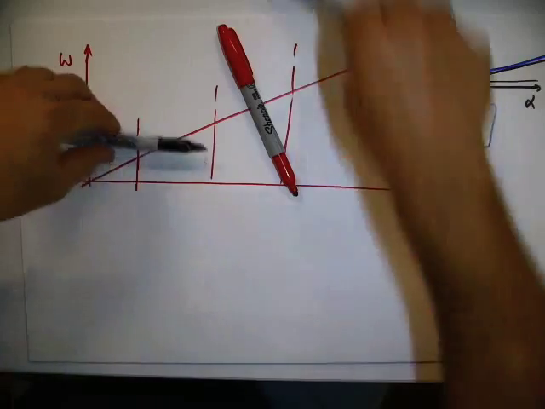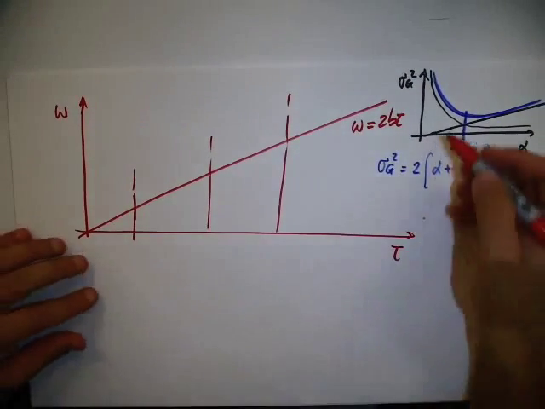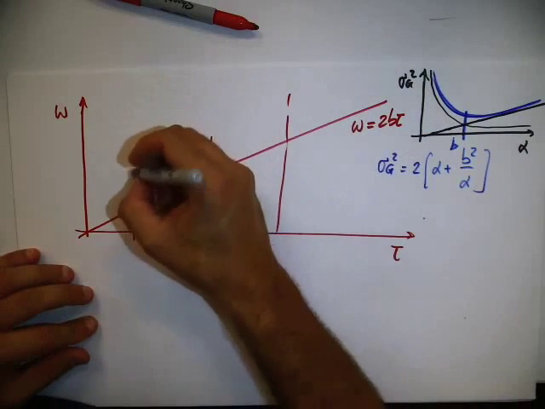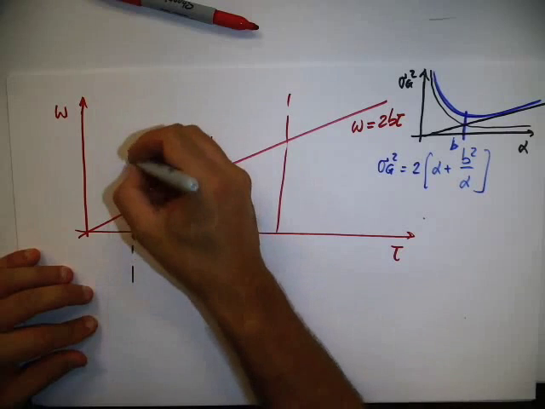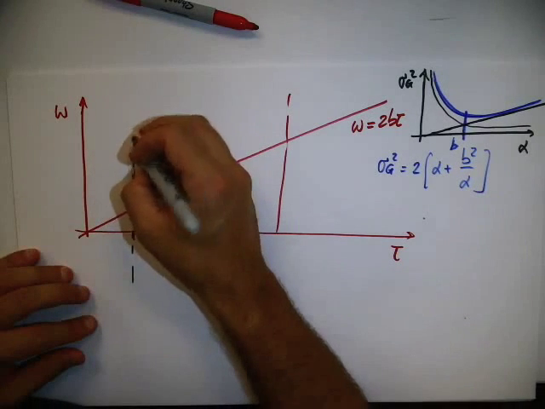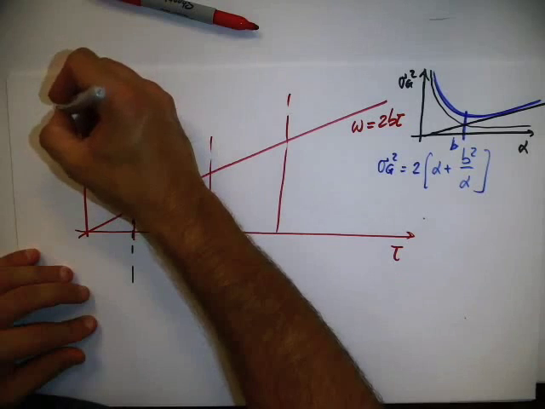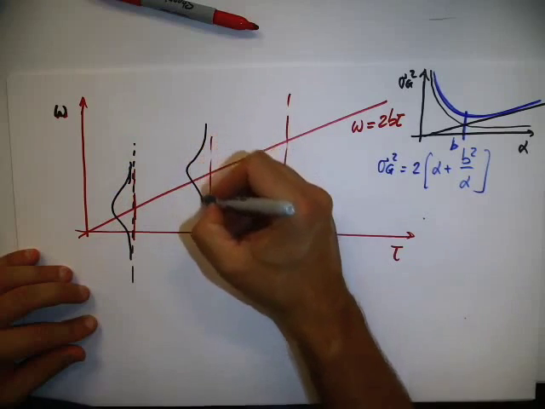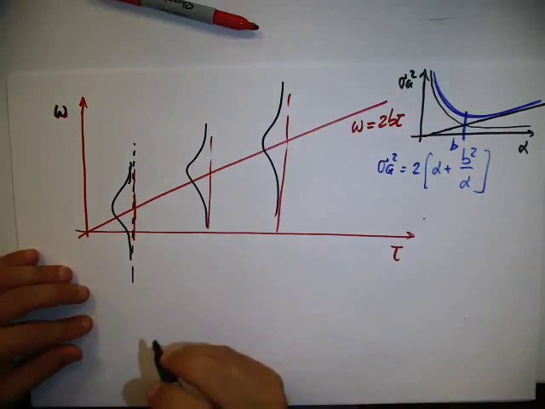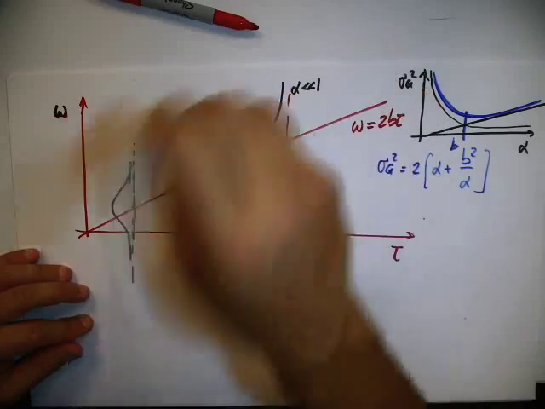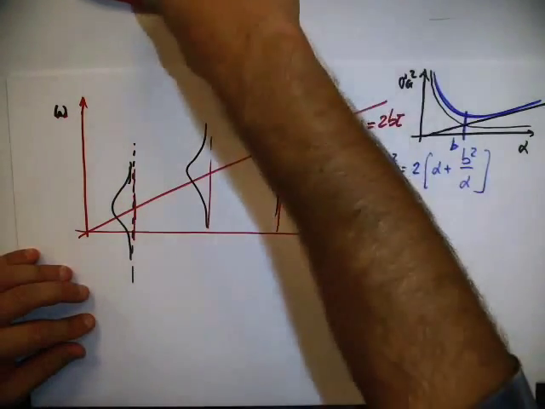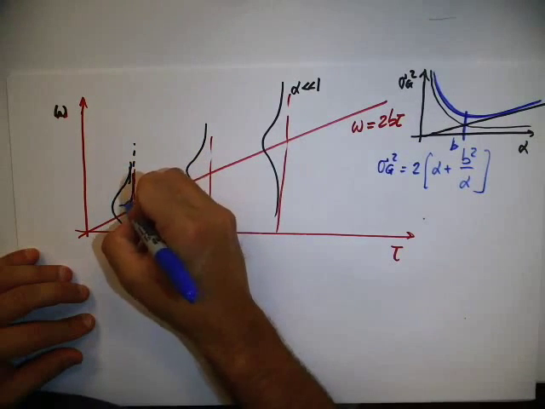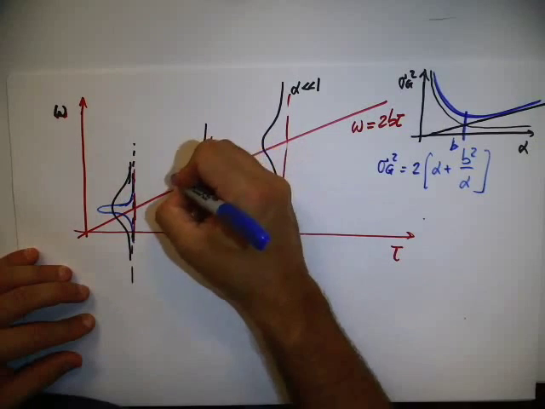At b, when alpha is very small, we have a large spread around the frequencies, around the mean value. Instead, if alpha is very large, everything gets more localized.